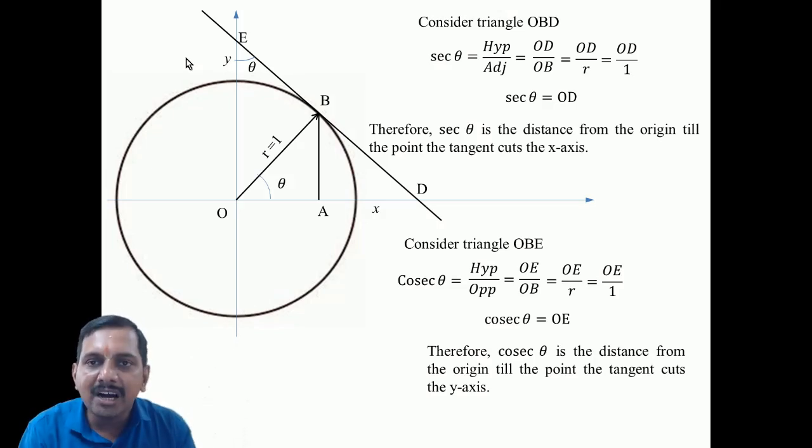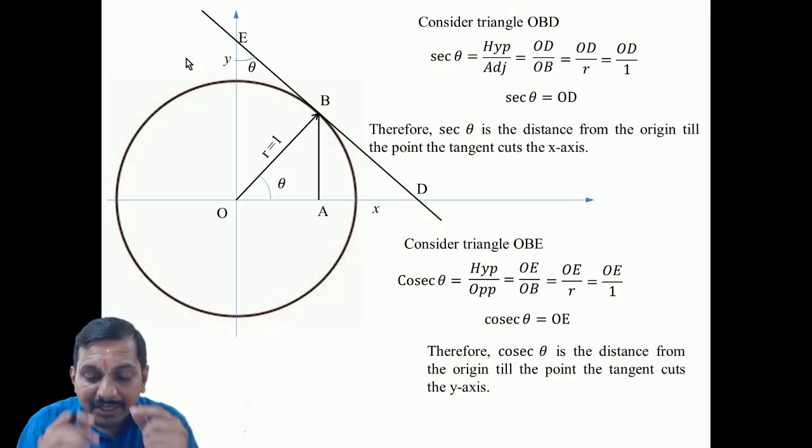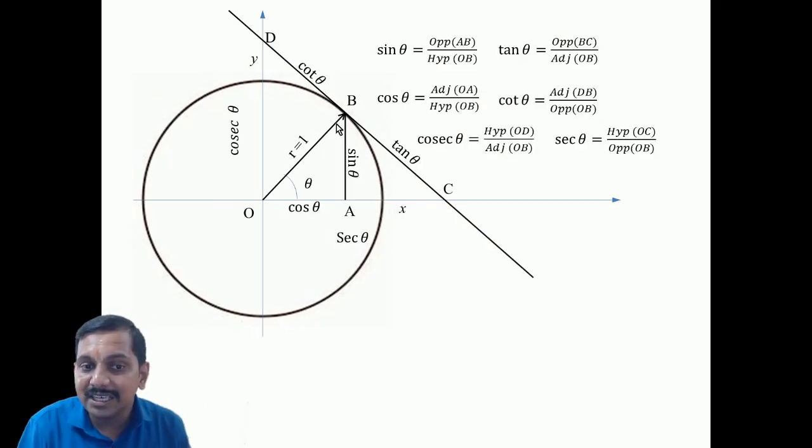So if you consider sine theta, it is the distance from a point on the circumference of a unit circle till it cuts the x-axis. And what is cosec theta?